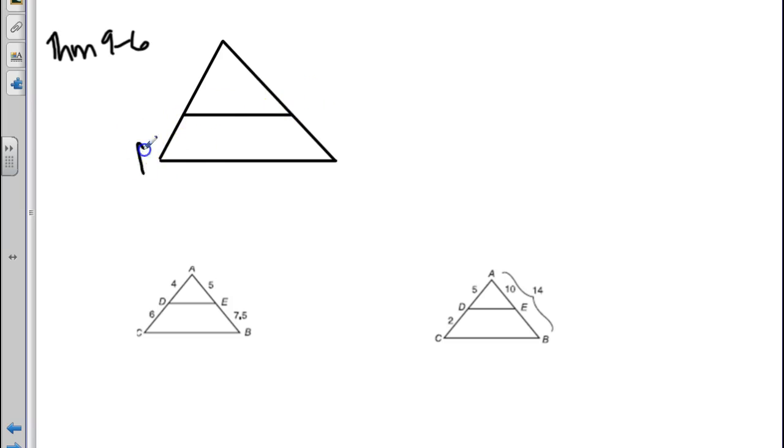And what it's saying is, if when I draw this line, it separates this into proportional pieces, like AD over DB is proportional to EC over EB.